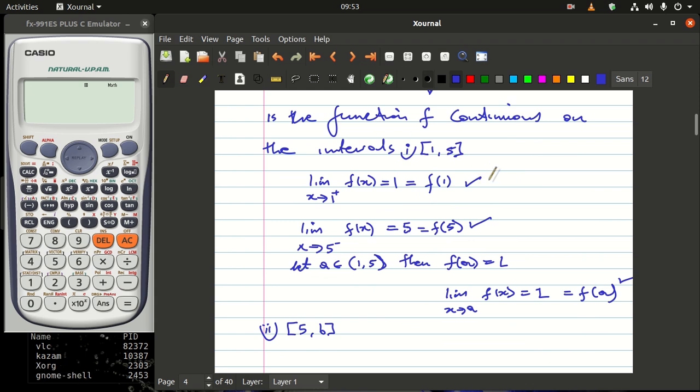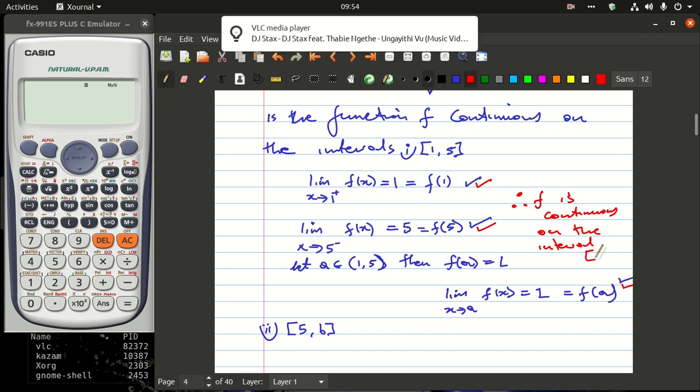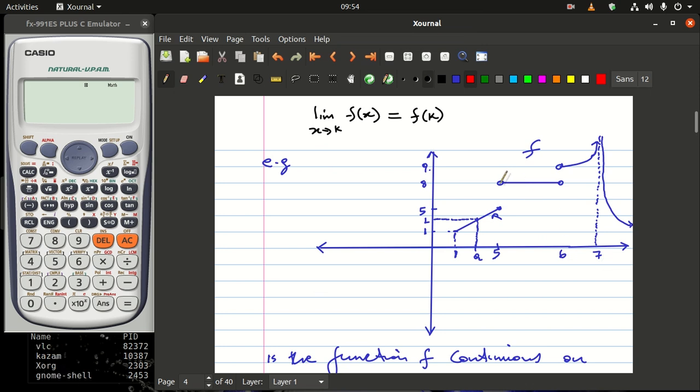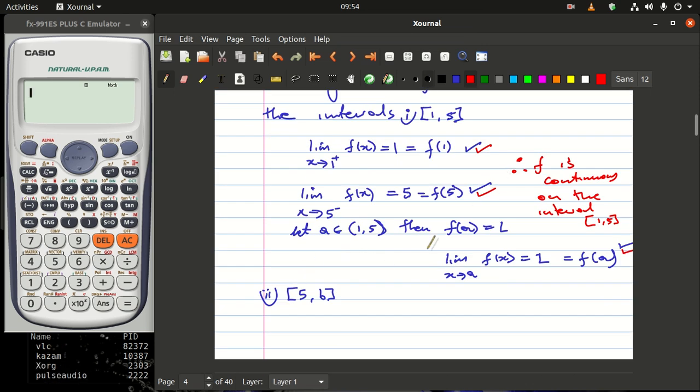Therefore, because condition 1 is satisfied, condition 2 is satisfied, and condition 3 is satisfied, you can just say therefore f is continuous on the interval 1 up to 5, right? So it is continuous because this is satisfied, and this one is satisfied. Now let us look at the interval from 5 to 6.